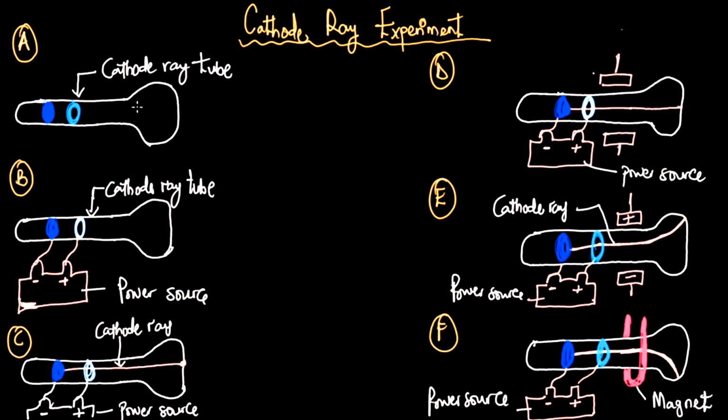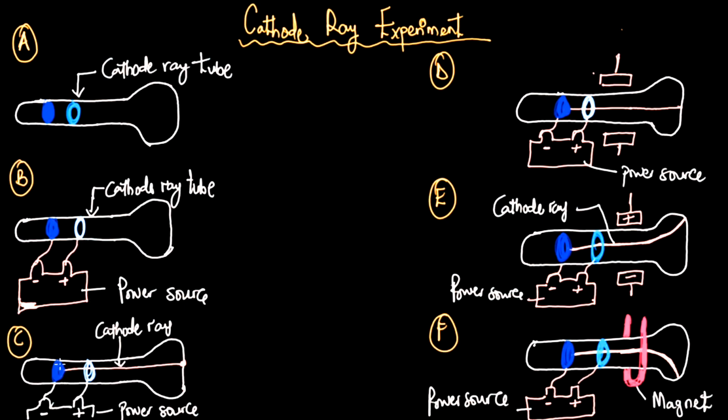Both ends are sealed, and all the air is pumped out of it, and it has two pieces of metal. So Thomson connected these two pieces of metal to a power source, and here is what happens.